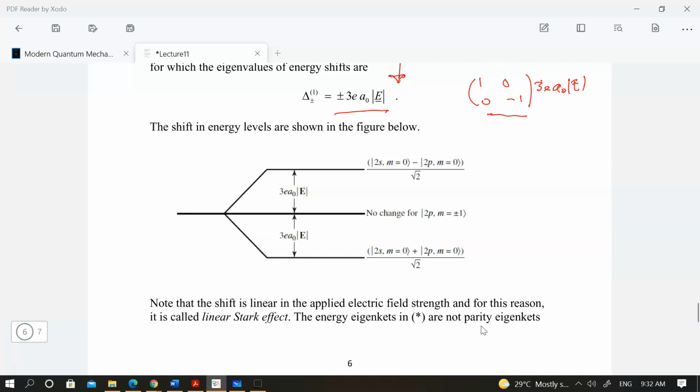This is the first order shift, so you get this state shifted upwards and this state shifted downwards. And the first order shift, you can see that it only depends on this electric field here linearly, and that is called the linear Stark effect.